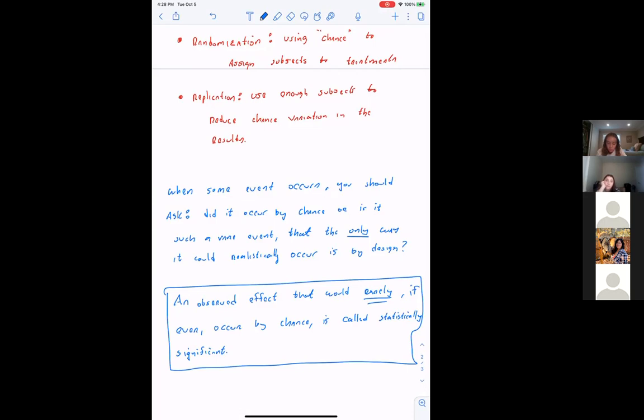We have to do the math for that. That's later. But the point is, if you get a result that you mathematically feel is too rare to occur by chance alone, we say it's a statistically significant result, and then we change some belief that we have about the situation. Okay, does that make sense?